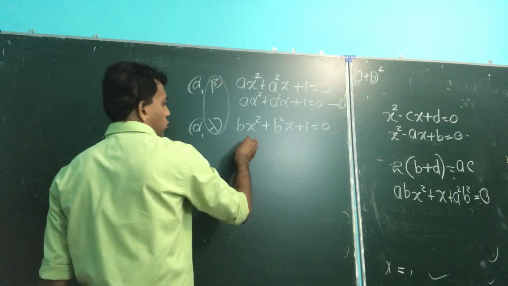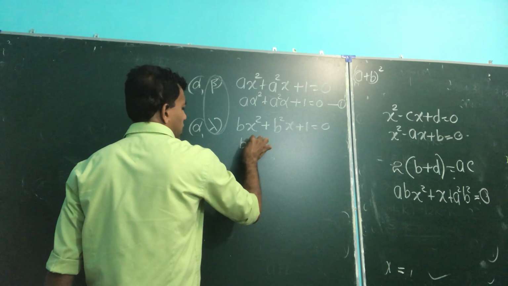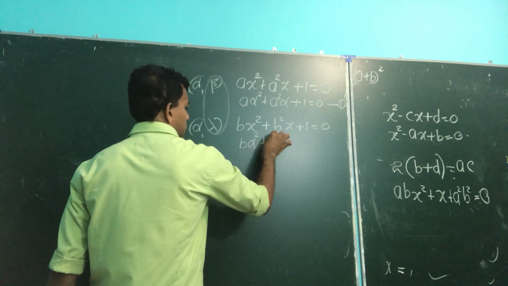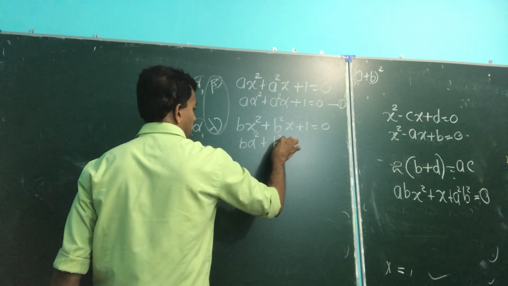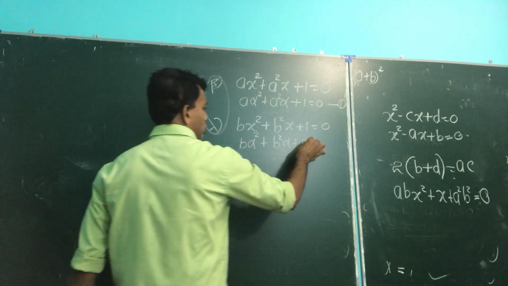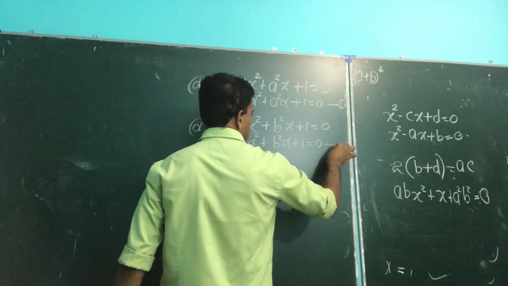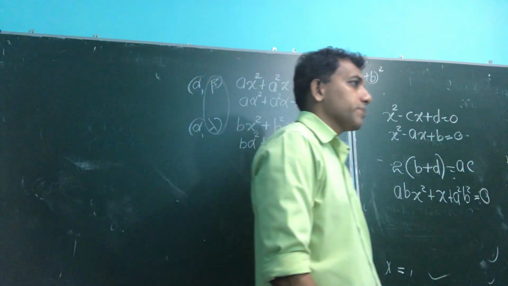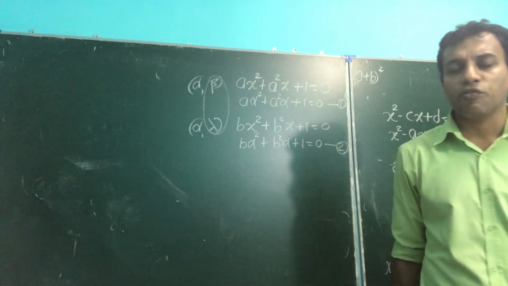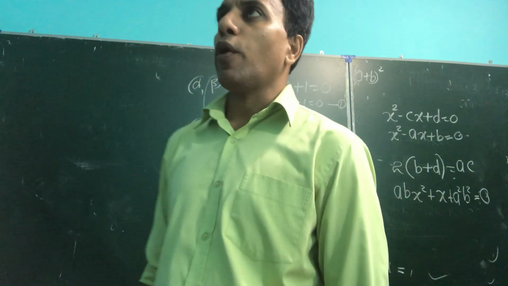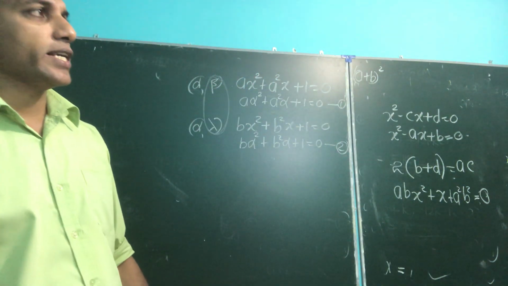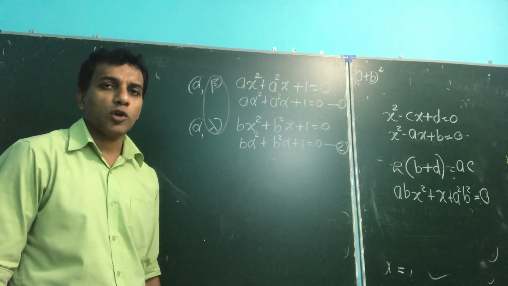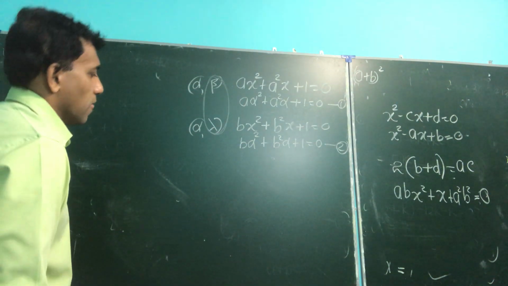Here also alpha is common, then b alpha square plus b square alpha plus 1 equals 0. Say, second equation. Complete that part. Find alpha and alpha square and equate it. Get a relation in terms of A, B. You have the answer in that case.